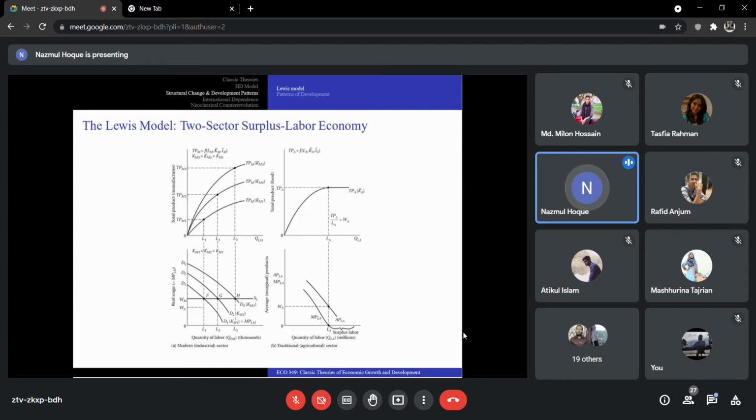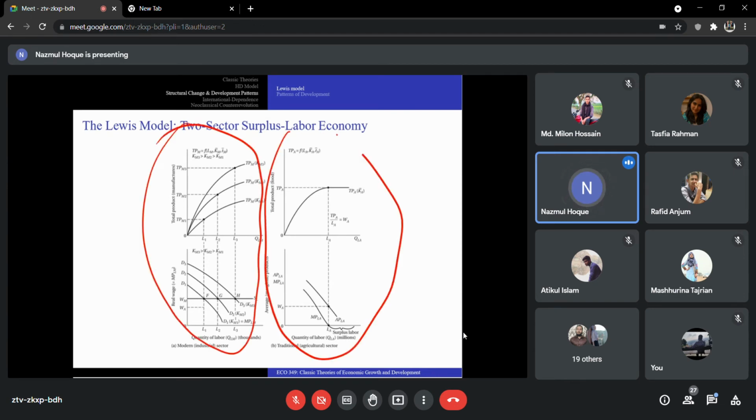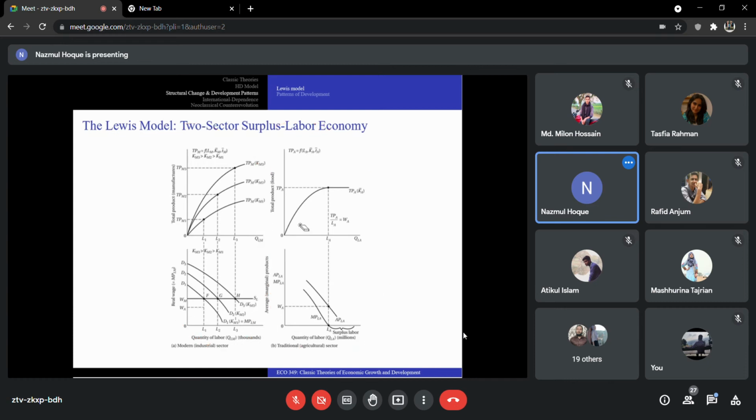So this is our diagram. We can use this one to explain the idea here. The left side represents the urban modern sector, the right side represents the agricultural sector.